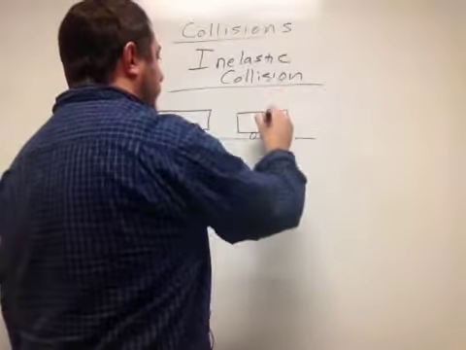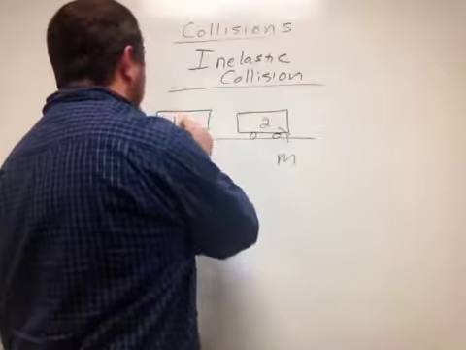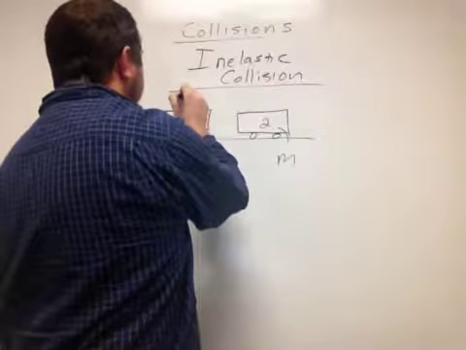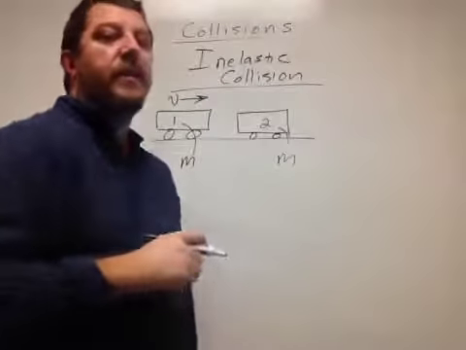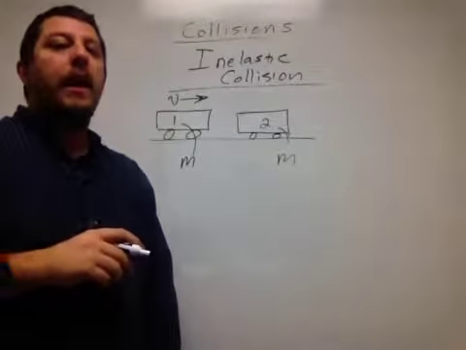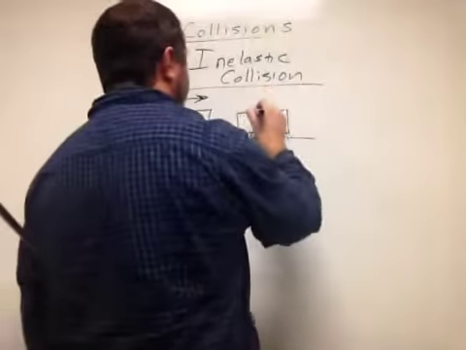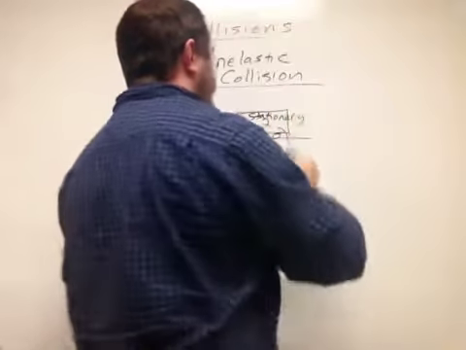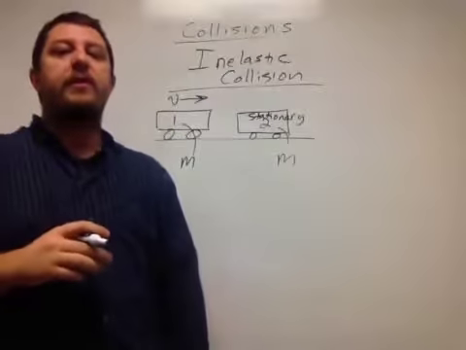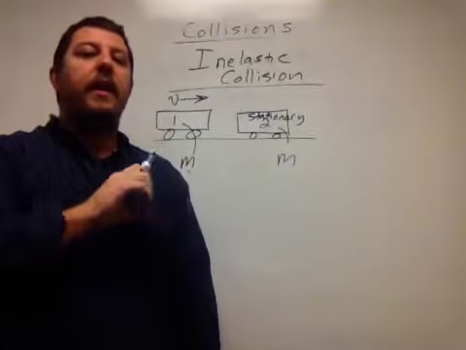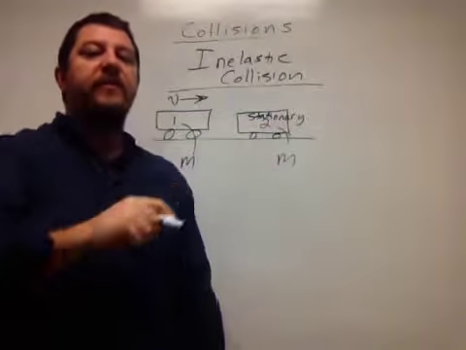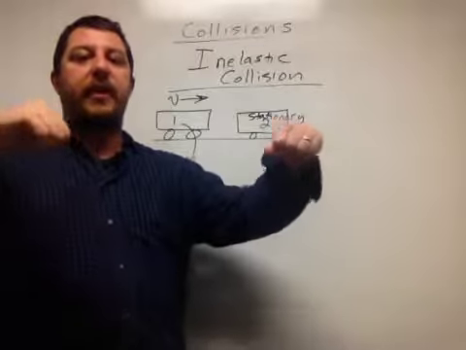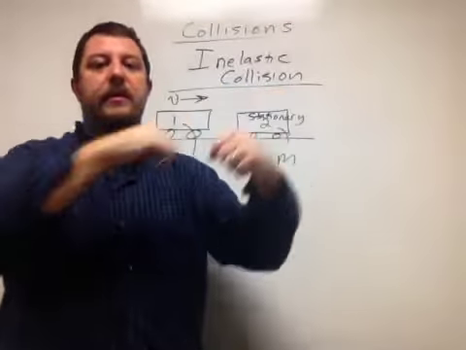We'll call this cart 2, and we'll call this cart 1, and we'll say that cart 1 is moving with some initial velocity v, and cart 2 is stationary. So these two carts are on our track. Cart 1 is moving with a speed v, and cart 2 is stationary. So we have this kind of system.